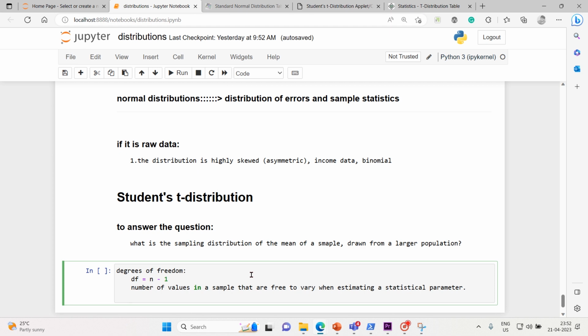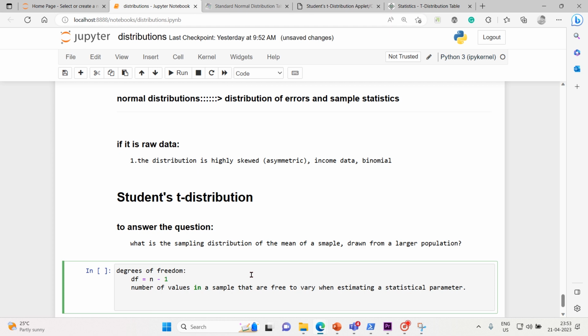When calculating the sample mean, for example, we use the sum of the values in the sample, but we have to subtract one value from that sum to estimate the population mean.